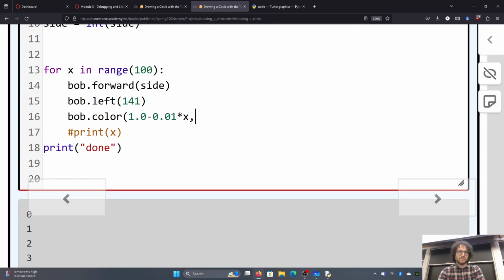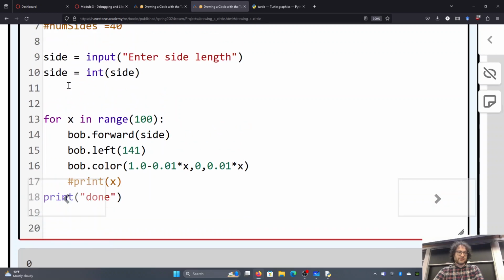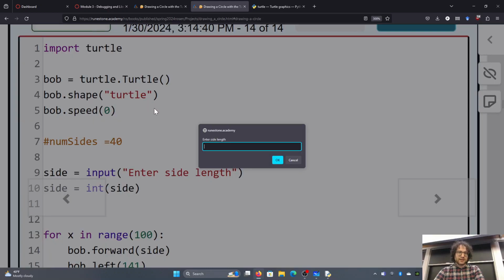RGB, green, so that would be 0, no green, and then we'll increase the blue, 0.01 times x. You don't need to understand any of this, just understand that I am changing the color here, and I'm changing it over time. This is kind of what for loops can be used to do. We're going to do 200.